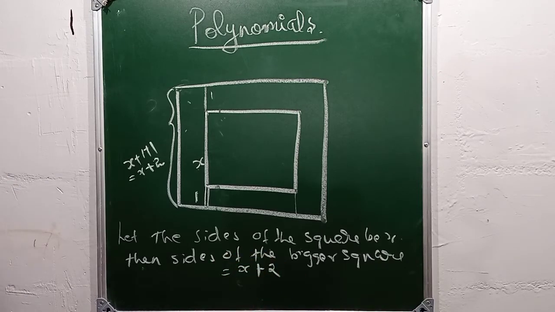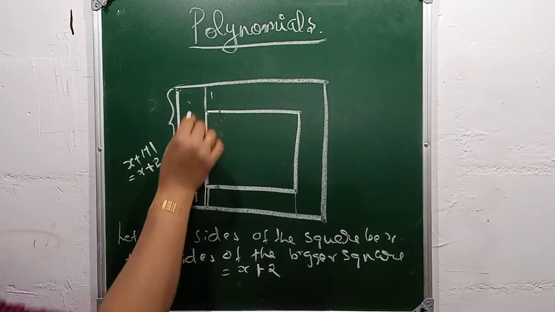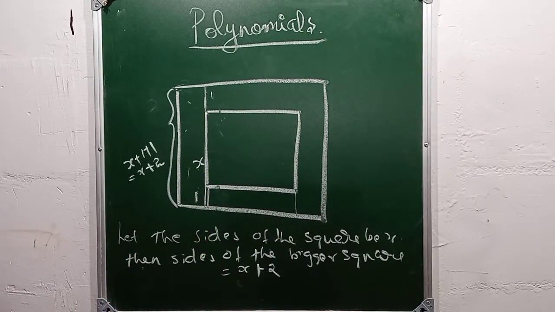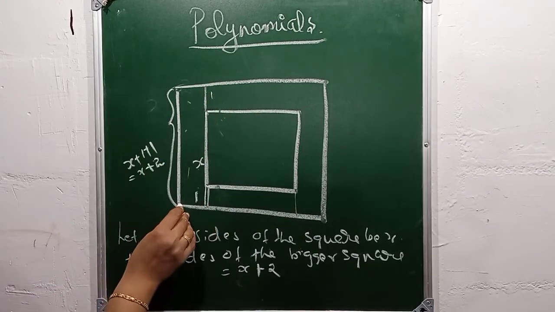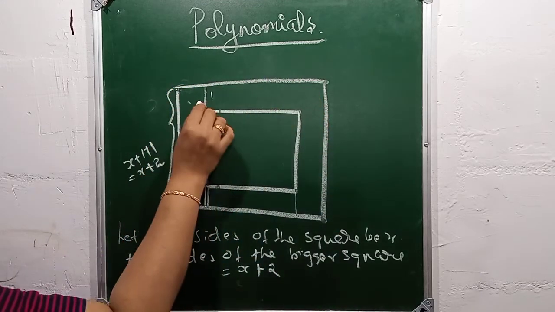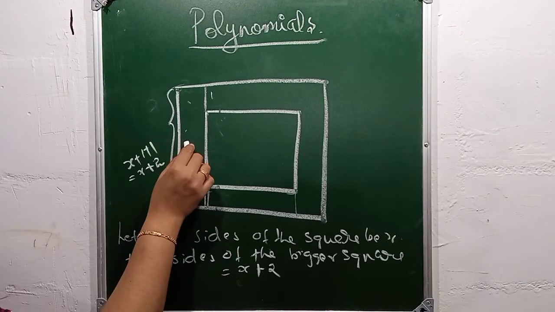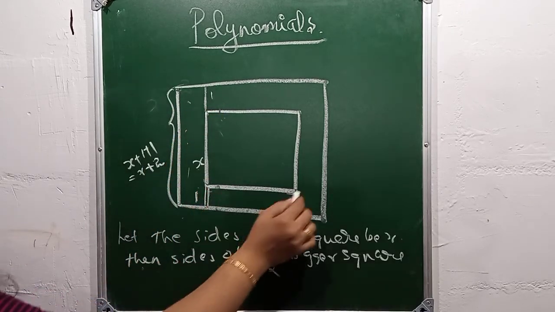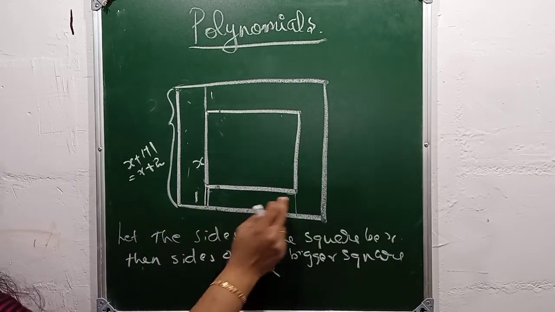Then what about the area of the path? See, the area of the path is actually the area of the big square minus the area of the small square. If we subtract the area of the small square from the area of the big square, we get the area of this path.